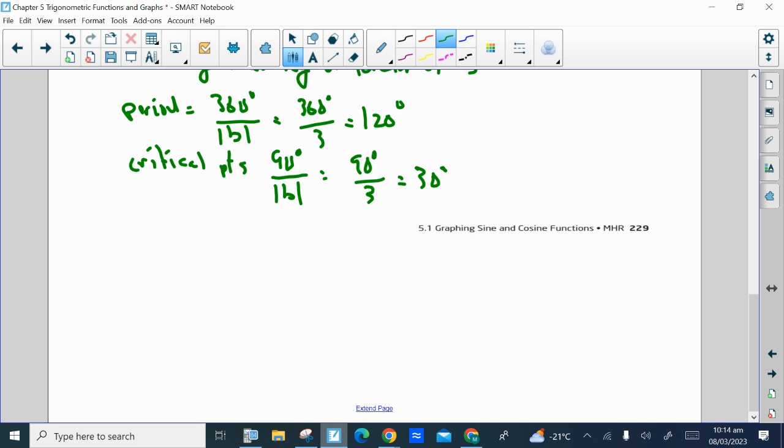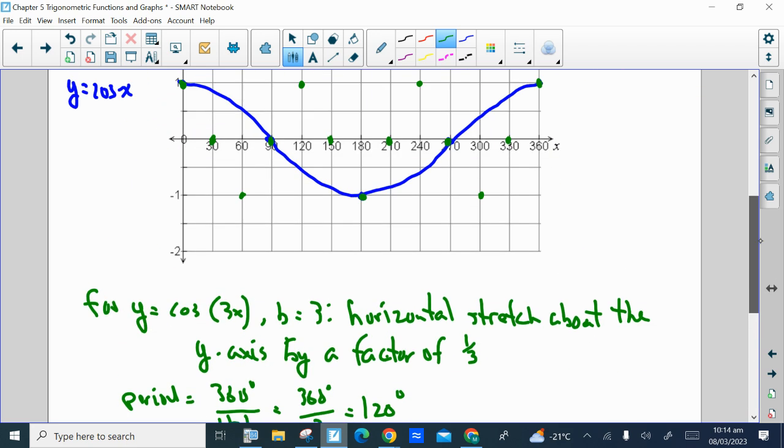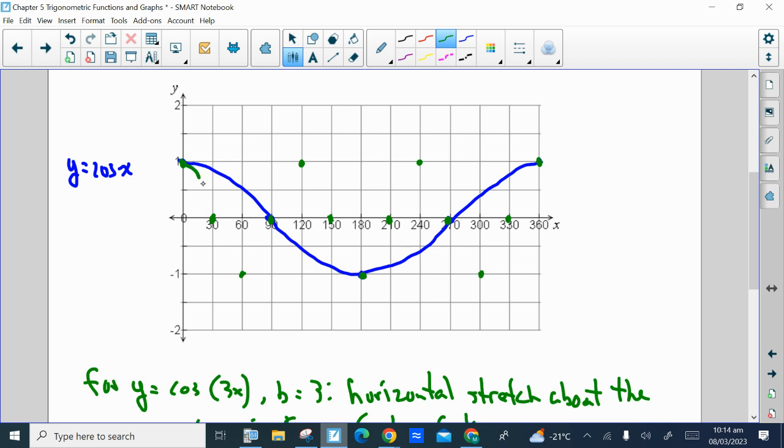In this case, we plotted them first, then went back and saw how we could have got them another way. But either way, we can now sketch the graph of y equals cos 3x. It'll look something like that.